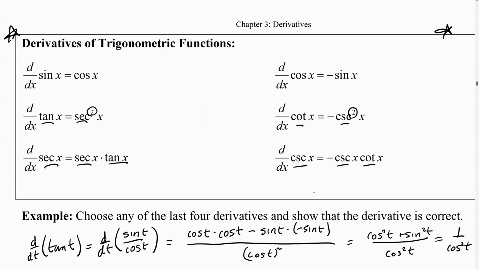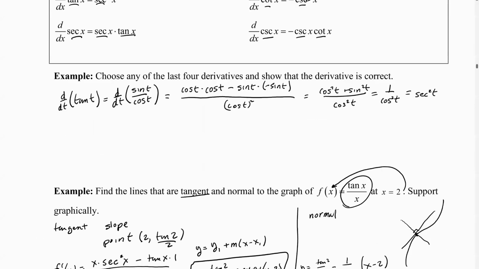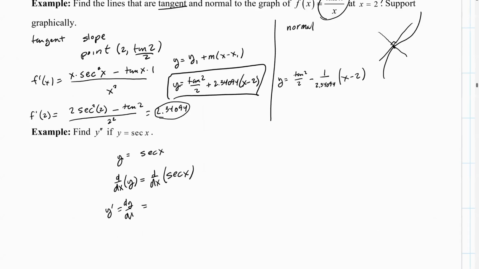There's always two secants, one tangent, two cosecants, one cotangent. So maybe we use that to say, oh, I know what the derivative of secant is. First of all, it's going to be positive because it's not a co, and it's going to be secant times tangent. Great. One step, right?